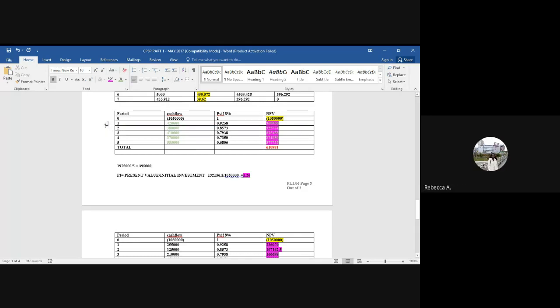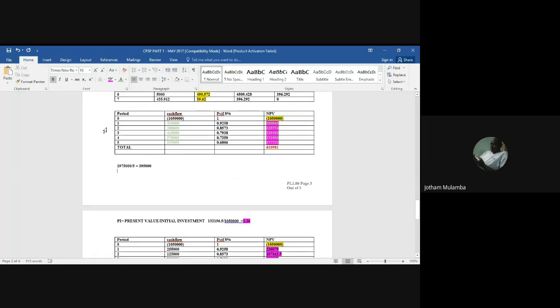Now, for us to get the average investment, we take initial investment plus salvage value, divided by 2. Salvage value for project X, we are given, was 160,000. So 1,050,000 plus 160,000, then we divide by 2.